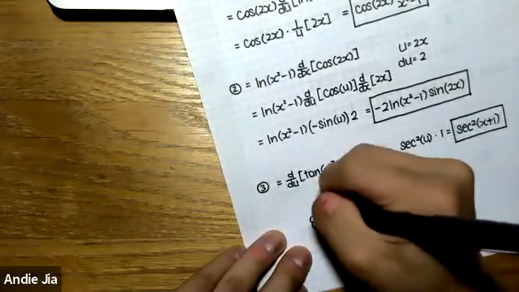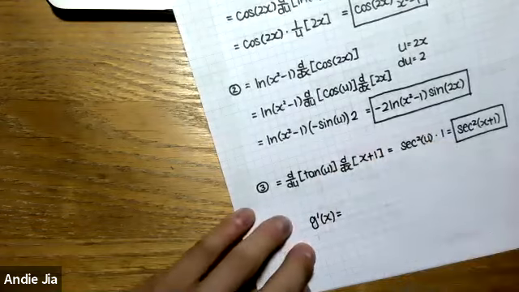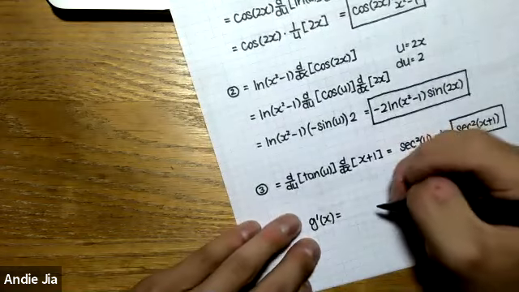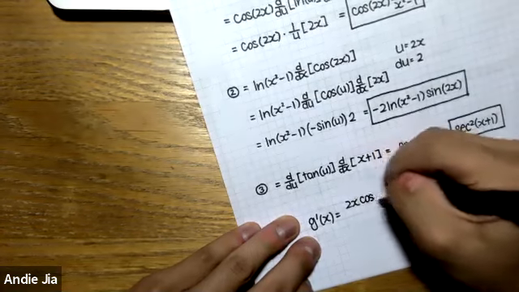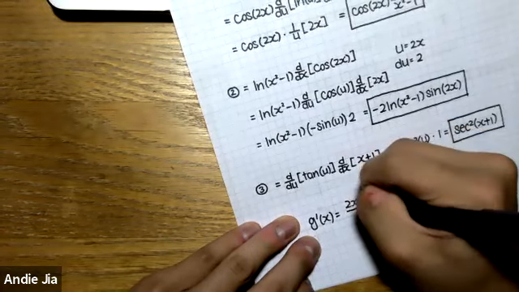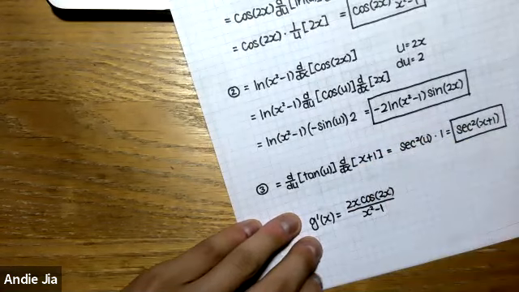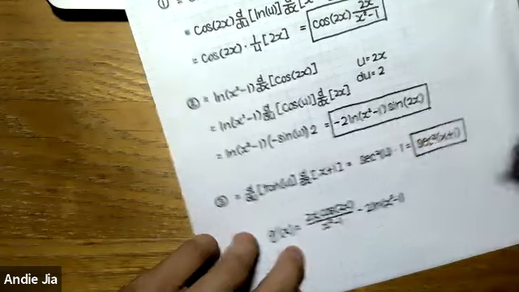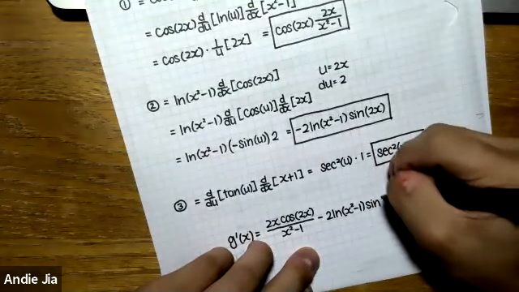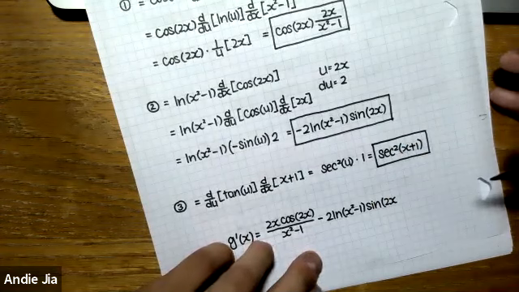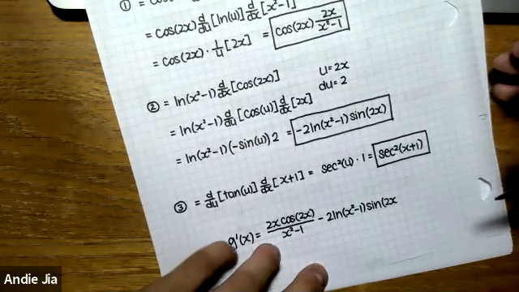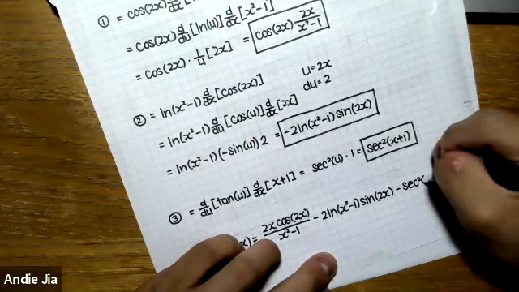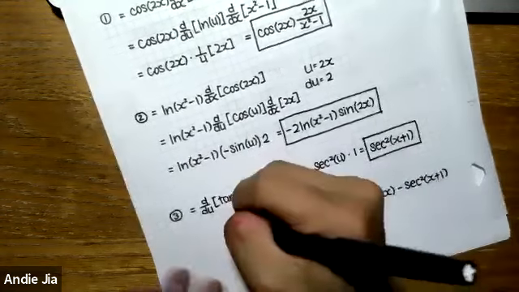So g prime of x is 1 plus 2, minus 3. So we get 2x cosine of 2x over x squared minus 1, minus 2 natural log of x squared minus 1 times sine of 2x, minus secant squared of x plus 1 is our final answer.